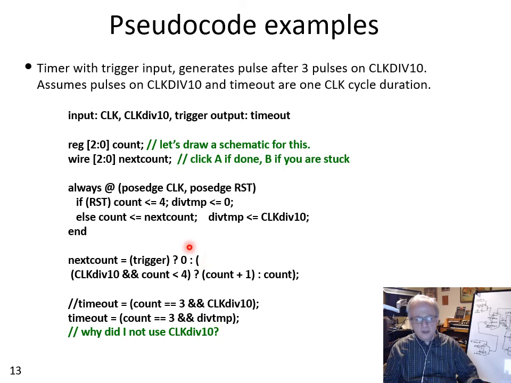So going on to the count, the reset value, you'll look, for div temp resets to 0, okay. The count resets to 4. Now why am I doing that?